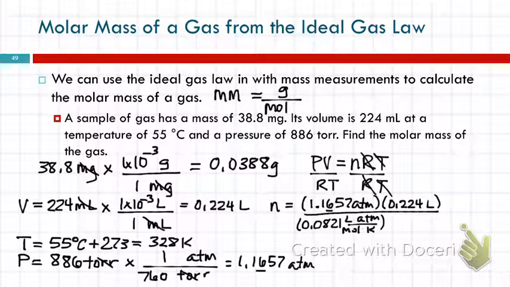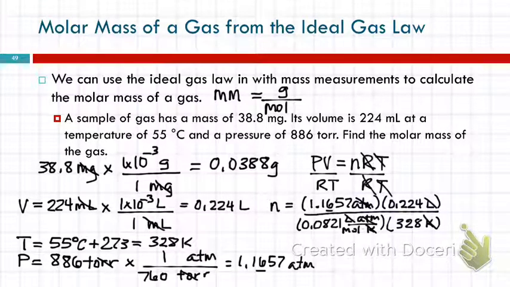And the other thing in the denominator there is the temperature, 328 Kelvin. The units are canceling out nicely. What I end up with there is 1 over mole. So mole does a somersault and ends up being in the numerator.